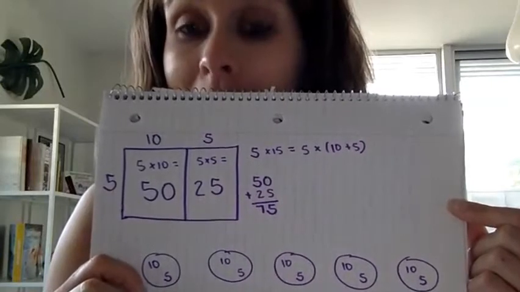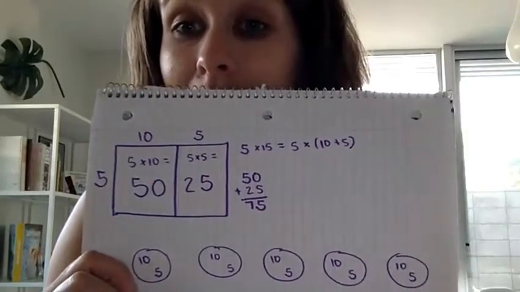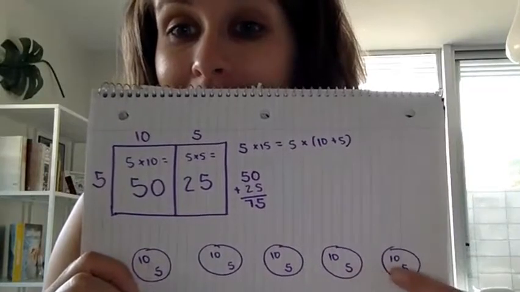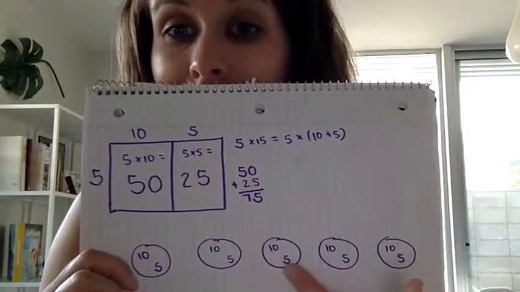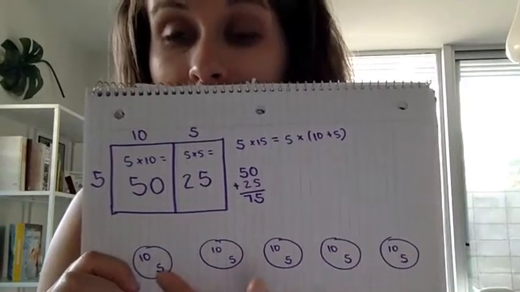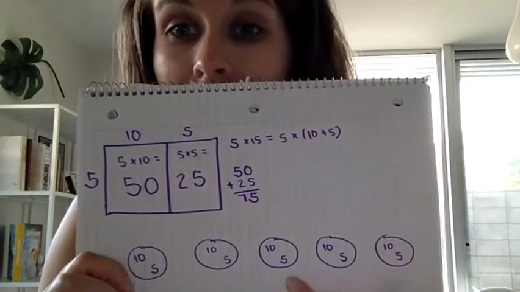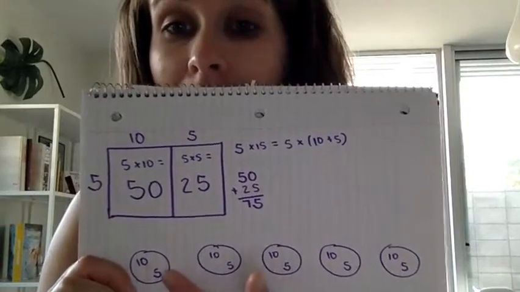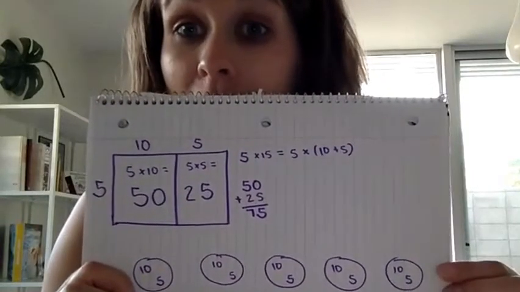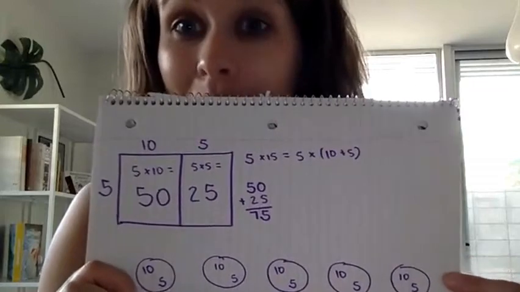When I count by my tens, I get 10, 20, 30, 40, 50. And then by my fives, 5, 10, 15, 20, 25. Again, that brings me to 50 plus 25, which equals 75.